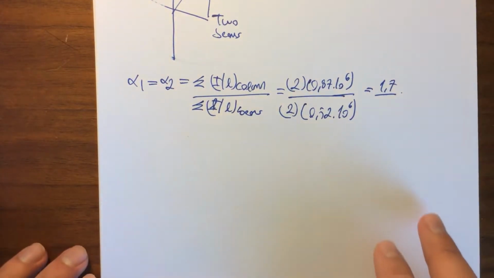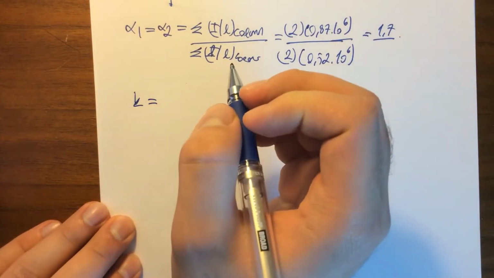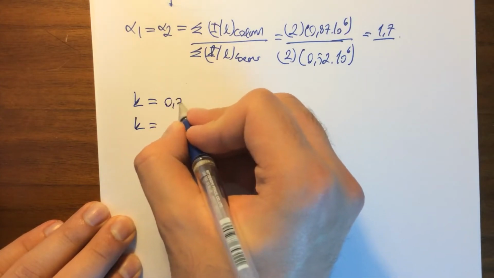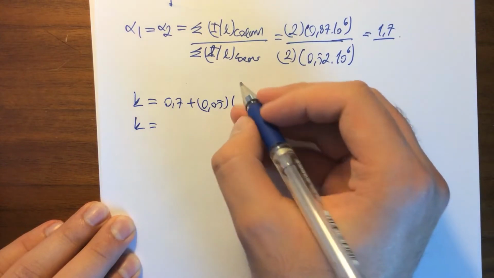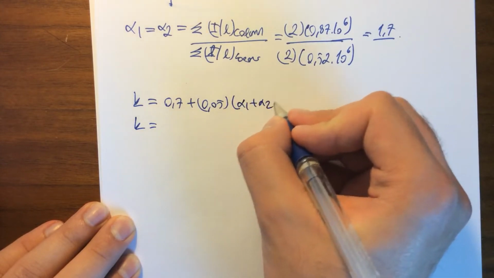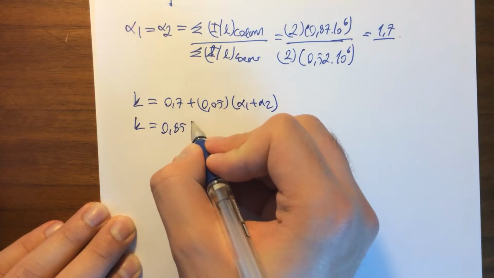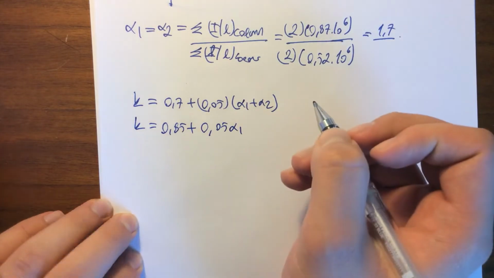Okay, let's move on. So, as you know, we have two different formulas for the k. The first one is 0.7 plus 0.05 times alpha 1 plus alpha 2, and the second formula is 0.85 plus 0.05 times alpha 1.